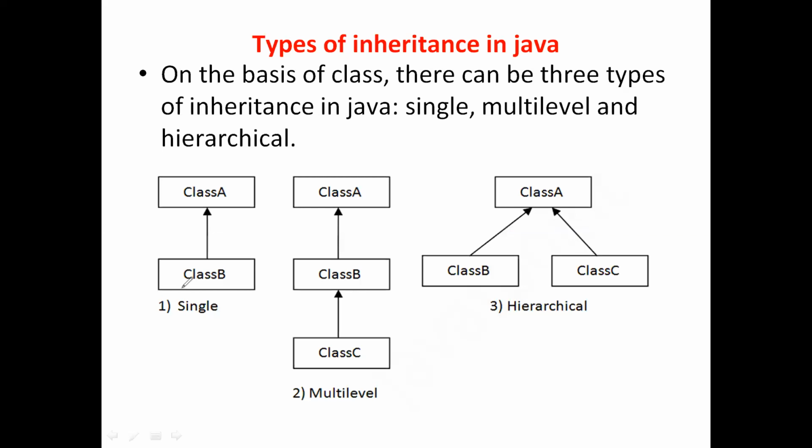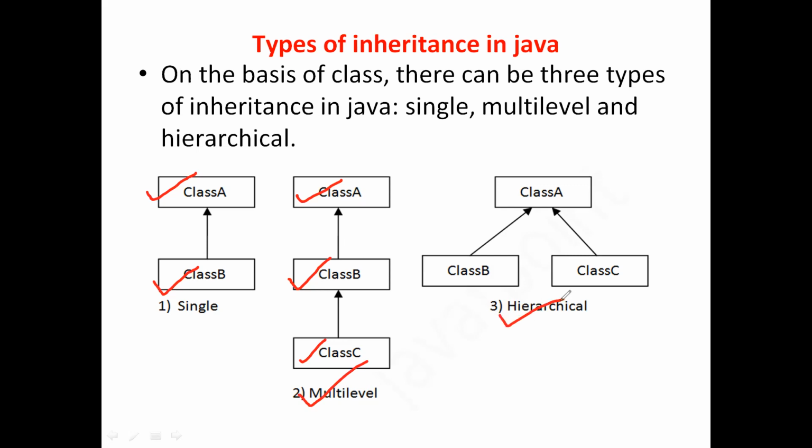Here, class C acquires properties from class B. This is single inheritance. In multi-level inheritance, class C extends properties from class B, and class B extends properties from class A. This is multi-level inheritance.